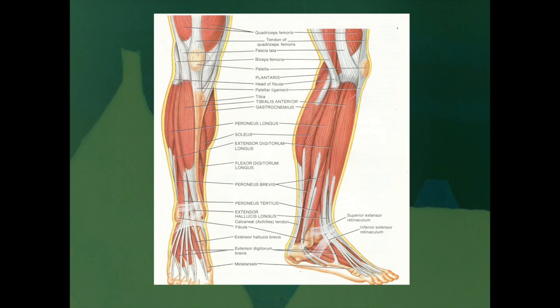What does this do? Again, it's more of that plantar flexion, which is important, and it will evert the foot as well. So plantar flexion, so we had extension, we have flexion now, plantar flexion, and then the extension of the foot itself, the peroneus brevis.